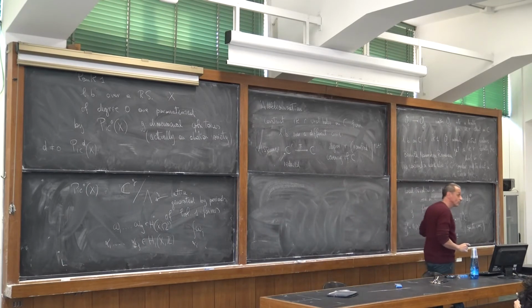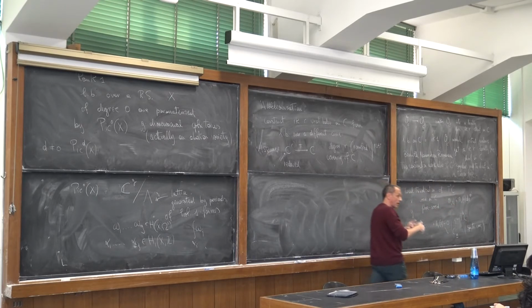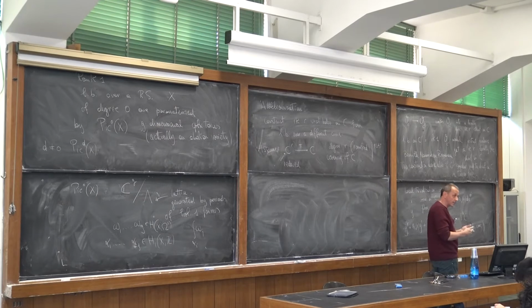Why should there be such a polynomial relation? No, I'm just considering the zero locus of this polynomial, arbitrary. I pick a holomorphic one form, a holomorphic tensor, and then I consider the zero set of this polynomial.